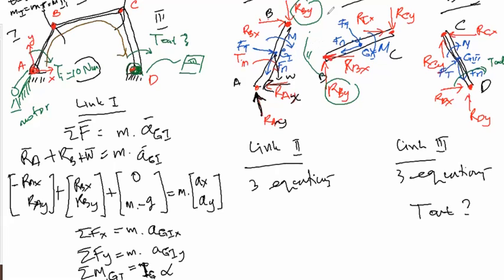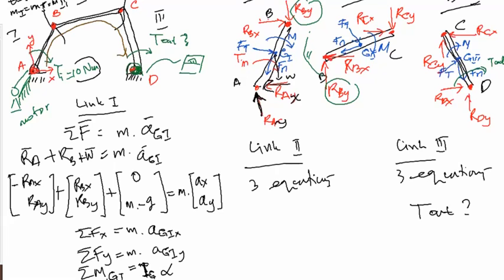All right, that's all for today. If you don't have any other questions, try to derive the equations for link 2 and link 3. I will give an example on Thursday, then we'll continue with the slider crank mechanism.